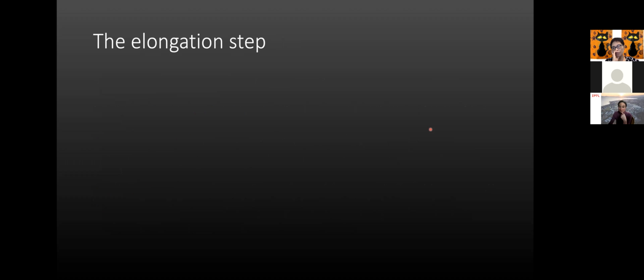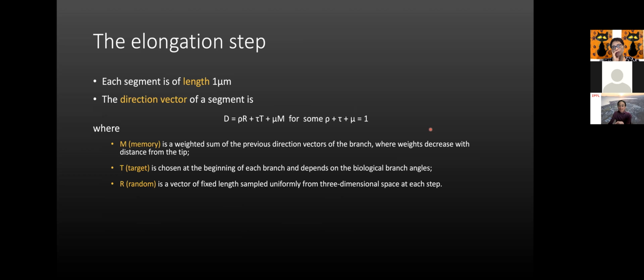So a little bit more about the elongation step, because people might be interested in what sort of random walks we're looking at. Because of the scale on which neurons exist, we're looking at segments that will always be of length just 1 micron. And then there'll be a certain direction vector saying, okay, in which direction are we going to head with our walk? And it's going to be based on a certain memory of where we've been before, a target that is chosen at the very beginning of the neurite, and just some sort of random value.